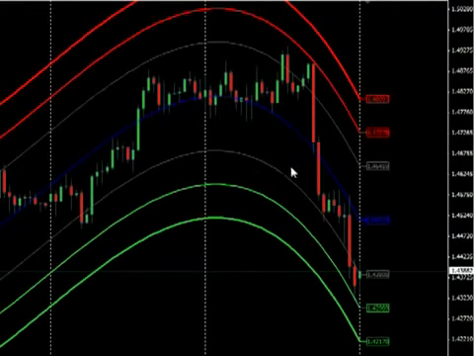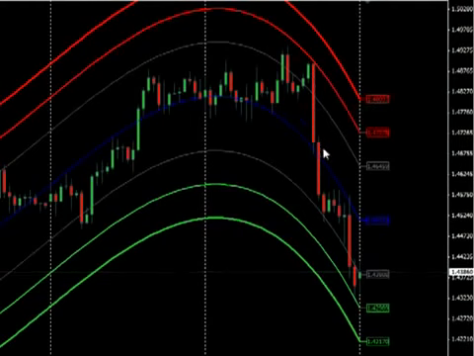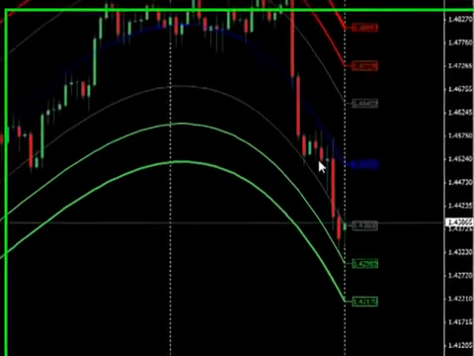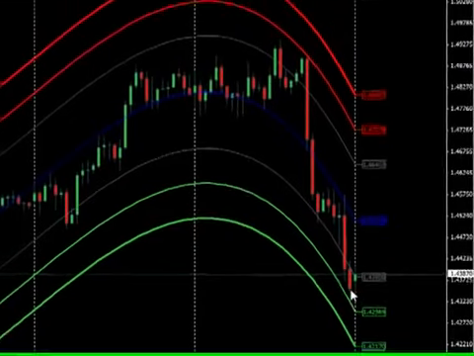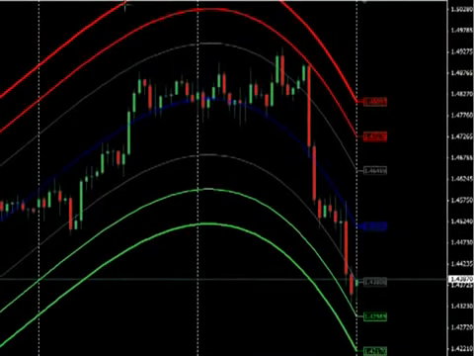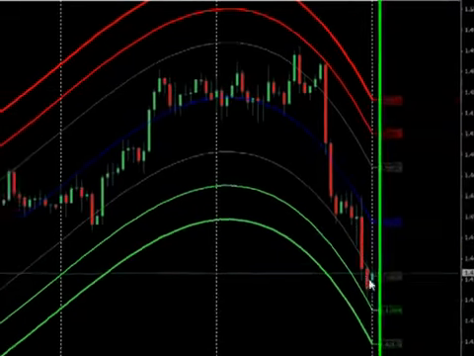Another thing you could do is, instead of getting out at the blue line, you could start moving your stop and trailing the stop behind it. If it keeps going, you just keep trailing it all the way down until it turns around. So in this trade, realistically, if you trailed it all the way down to somewhere down here, there's 455 pips from the entry to where we are at this present moment.